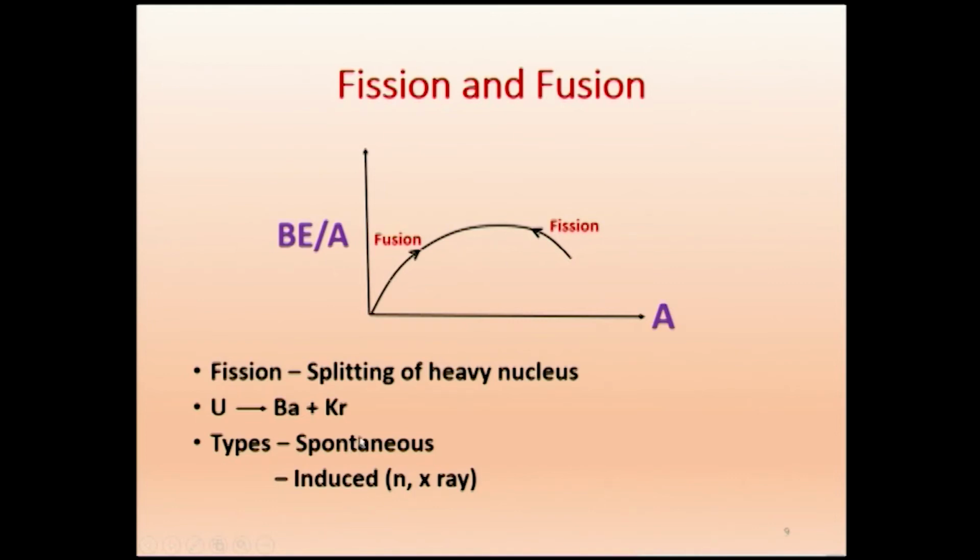So this is for all transuranic elements, and for uranium and maybe thorium, slightly less than uranium. Thorium has Z equal to 90, uranium 92. These are critical, therefore we have to give some energy, whereas if you take fermium Z equal to 100, it will undergo fission spontaneously.